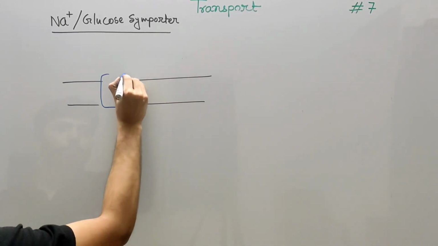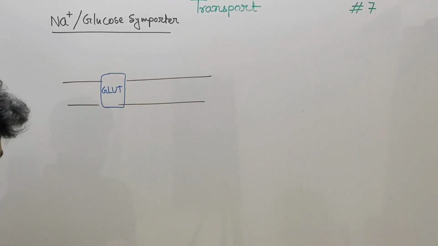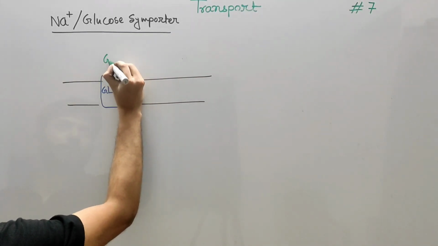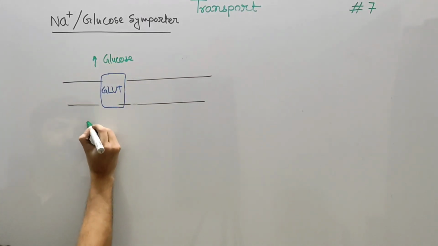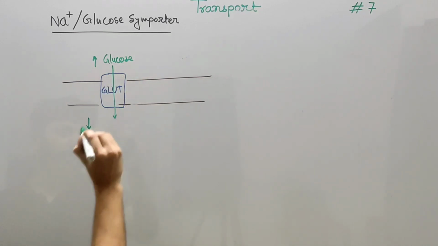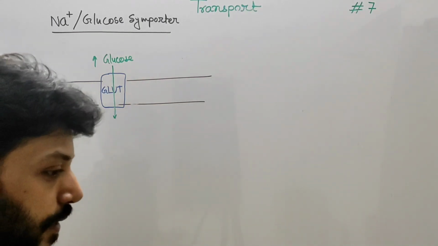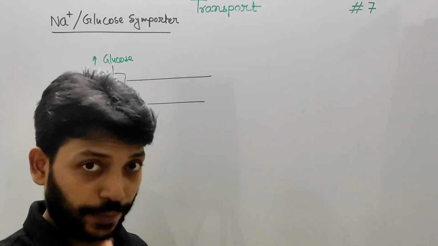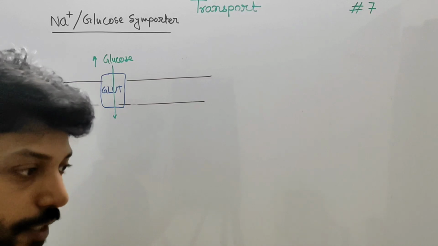In most cases, cells have glucose in higher concentration outside than inside, and GLUT proteins act as a uniporter. It shows passive transport of glucose. This is the case of most cells, but there are exceptions, and here the sodium and glucose Symporter plays the role.